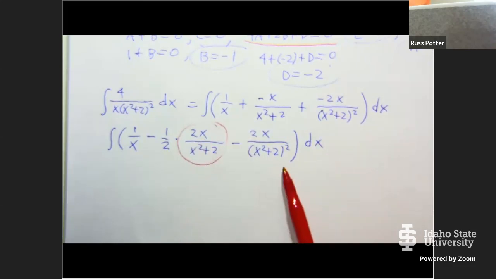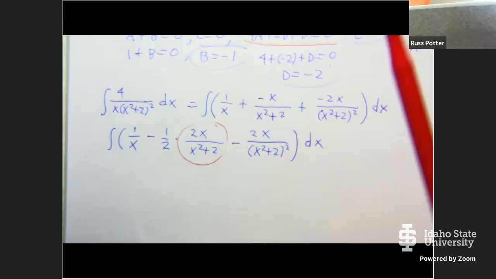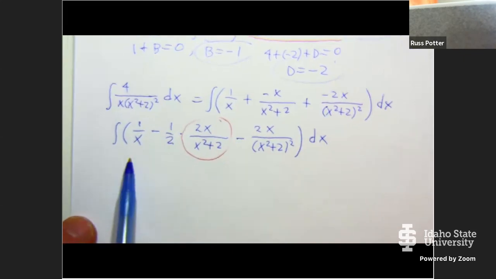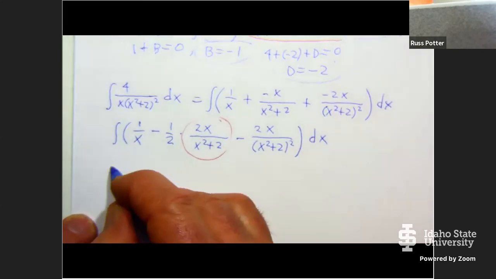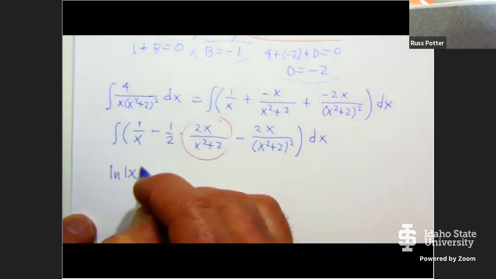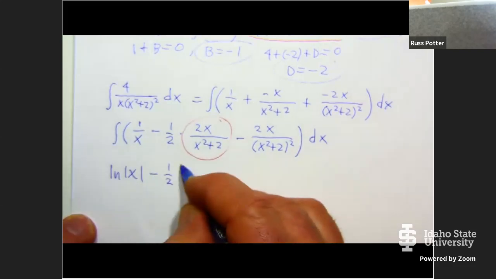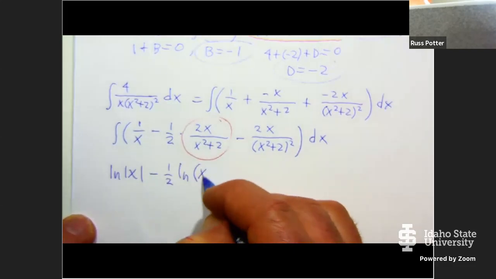And the third term has the form du over u squared, because if u is x squared plus 2, du is 2x dx. So we're all set to evaluate this. The indefinite integral of 1 over x is the natural log of the absolute value of x. And then minus 1/2 the natural log of x squared plus 2.